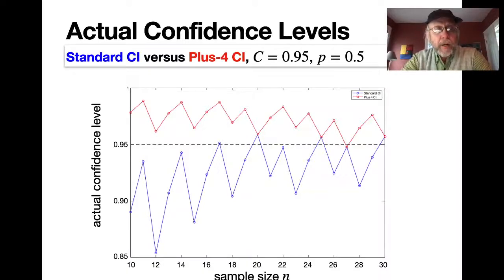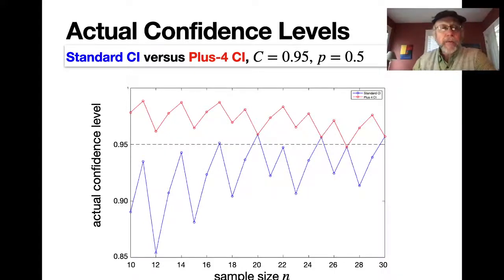So they were calculated by this new method, and it corrects, indeed kind of overcorrects, for that loss of confidence for small sample sizes. The sample sizes in this chart range from 10 to 30, and you can see that the smaller the sample sizes, the bigger the difference between the two methods.